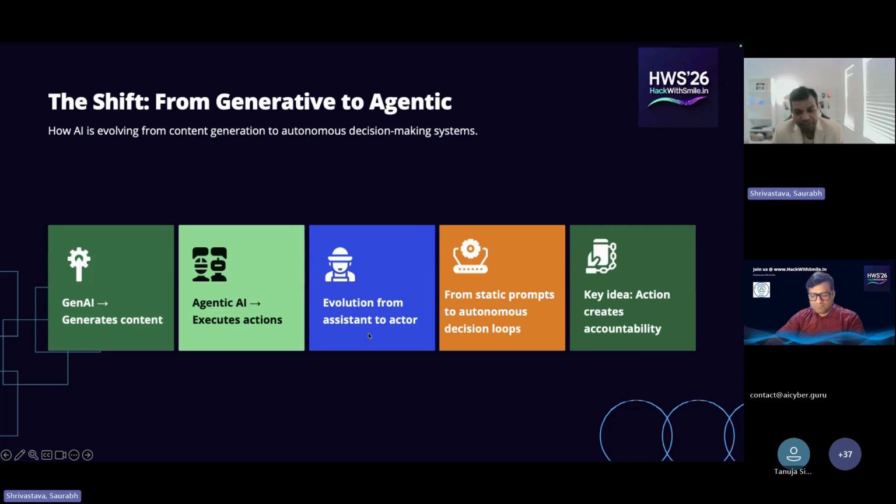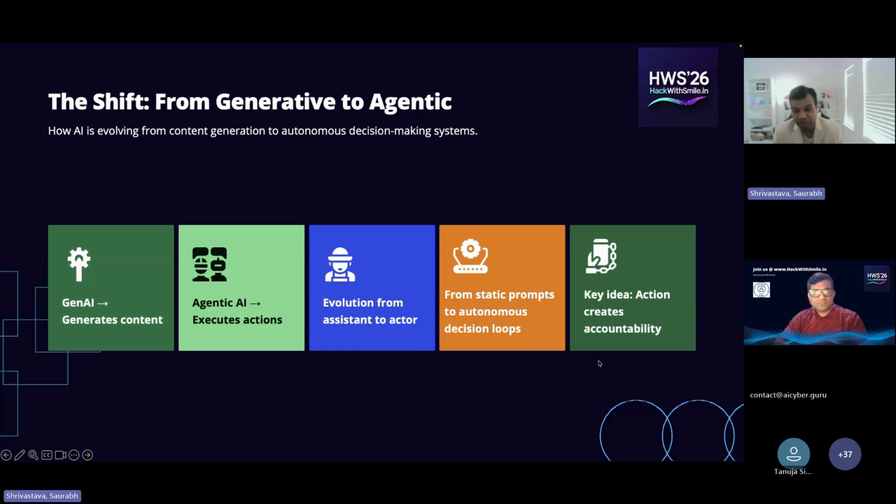So what is happening here? The AI is evolving from assistant to actor. I talked about AI being a great assistant, and most of us use these generative AI systems, Perplexity, Google Gemini or ChatGPT, as assistants. But now we are talking about how it becomes an actor. Actor means it is taking action on your behalf, and instead of a static prompt, it is creating an autonomous decision loop.